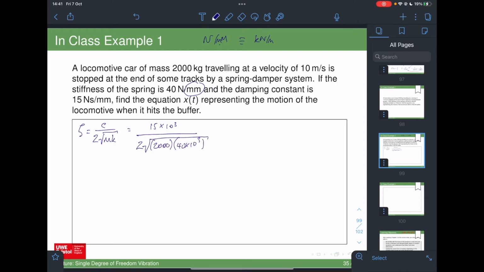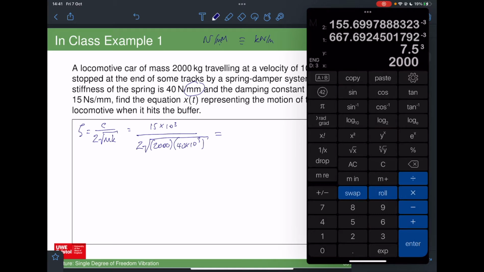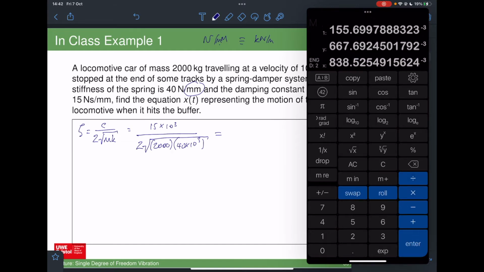If I do that sum, 15E3 divided by 2 root of 2000 times 40E3, you get 0.8385.